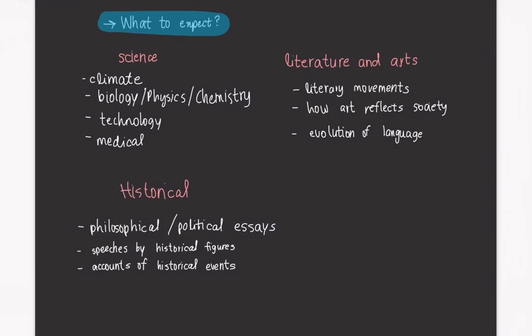Alright, so now you understand the complete LCAT format, the different sections. As a quick summary, let's go through them again. You'll be having a total of 4 sections, where there will be 2 sections each of English and Maths.